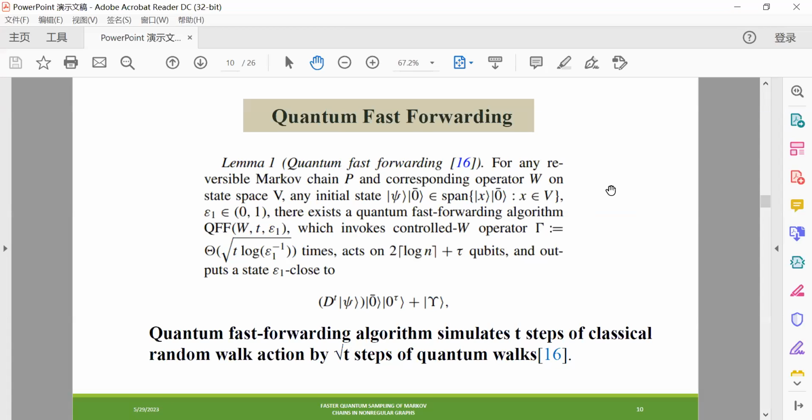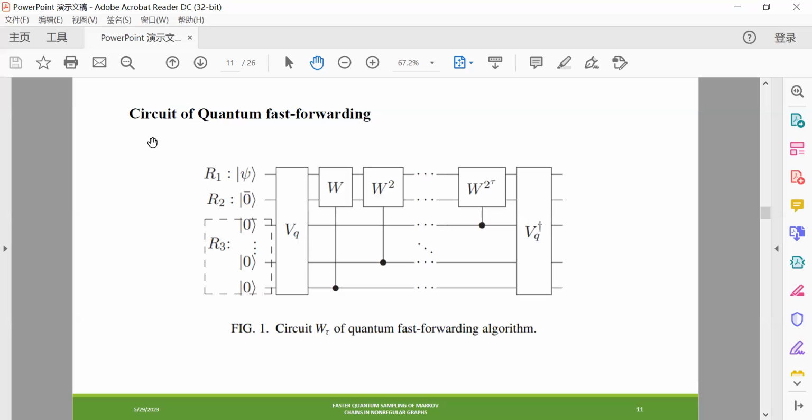First, let's see the technique of quantum fast forwarding. Quantum fast forwarding means it can simulate t steps of a classical random walk by square root of t steps of a quantum walk. If we want to simulate t steps of a classical walk with quantum fast forwarding, we just use square root of t steps.